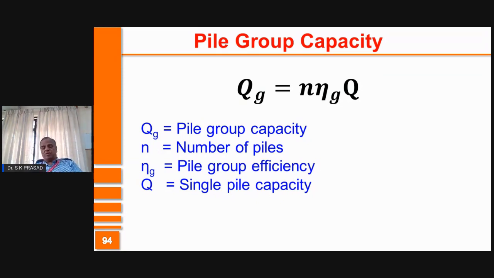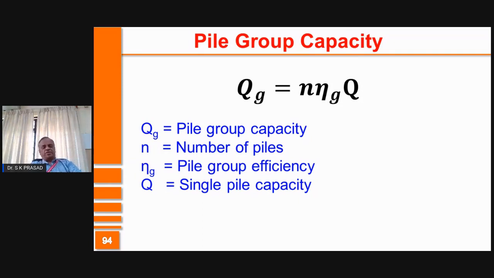You should always know that piles are never used singly. They are always used in groups. So let us say that a single pile has some capacity, say Q, and there are n number of piles. Say the capacity of a single pile is 1000 kilonewtons, and there are 10 piles.